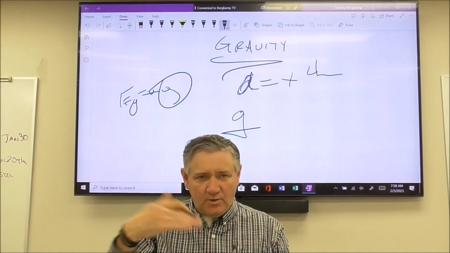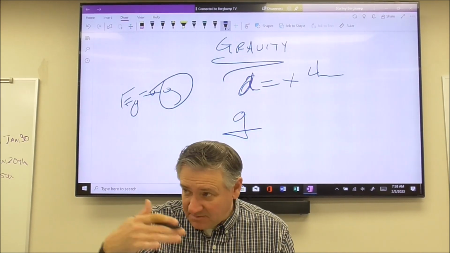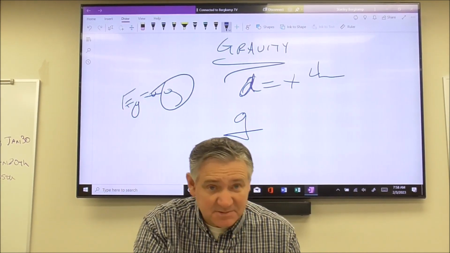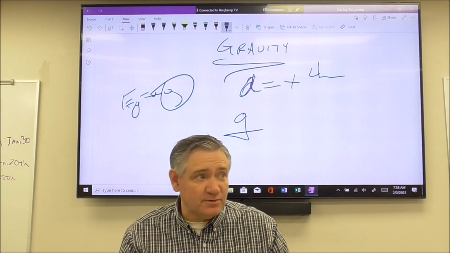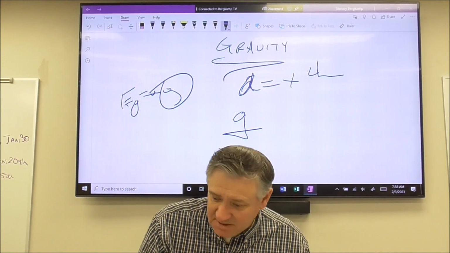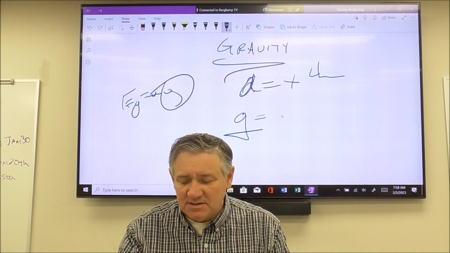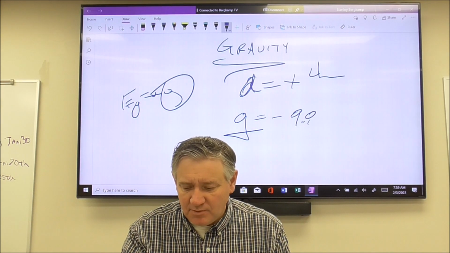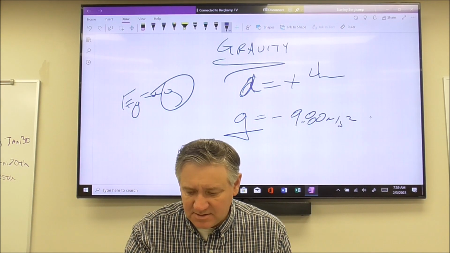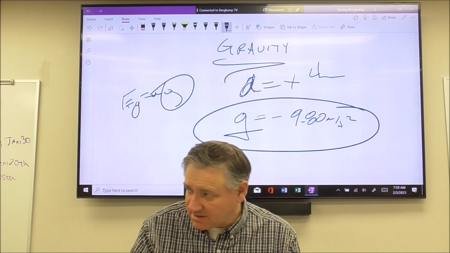Anytime you're on Earth, okay, this is going to be important, unless you are specifically told that you're on the moon or you're on Jupiter or someplace else, g is always going to be negative 9.80 meters per second squared, okay, which is that acceleration.